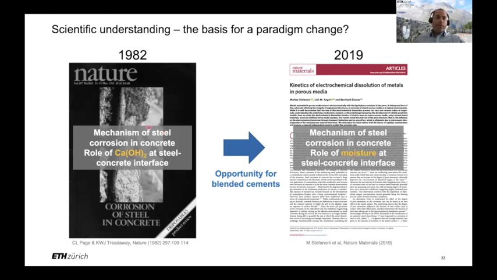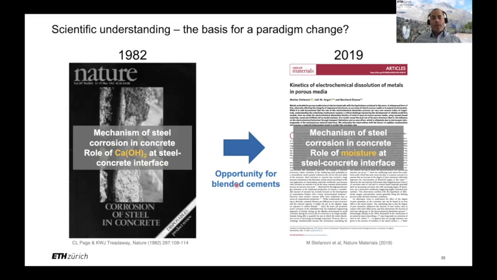If we stick to the fact, and probably we should mention that most engineering concepts heavily rely on the presence of calcium hydroxide, and if we stick to that concept, then we have a problem, because as long as we remove calcium hydroxide from the concrete when producing low-carbon cements, then we are in trouble.